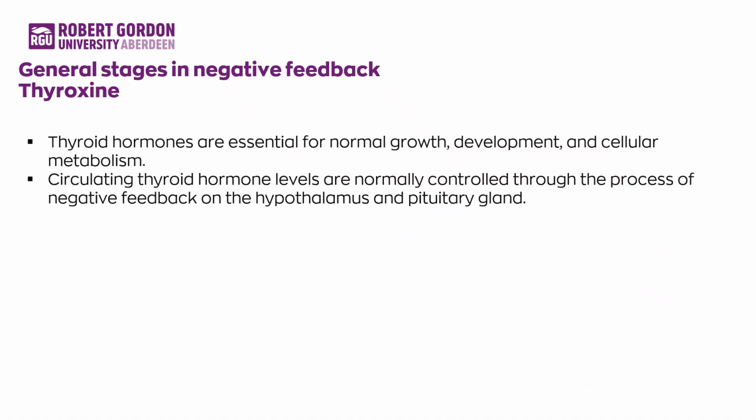With regards to negative feedback in the thyroid hormone system, thyroid hormones are essential for normal growth, development, and cellular metabolism. Circulating thyroid hormone levels are normally controlled through negative feedback on the hypothalamus and pituitary gland.